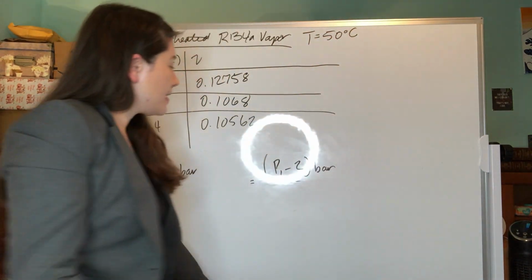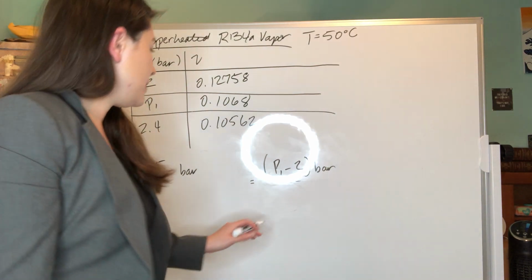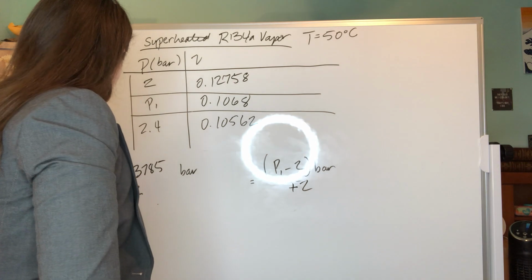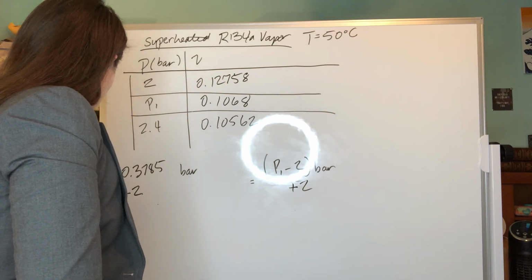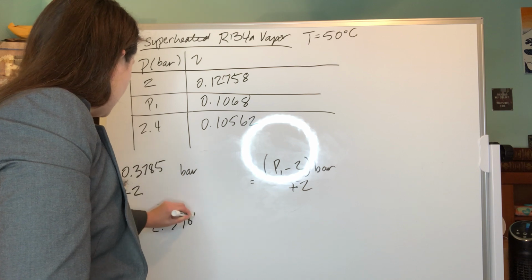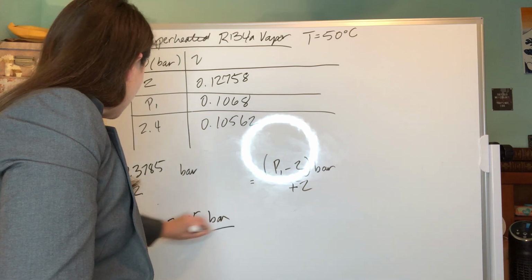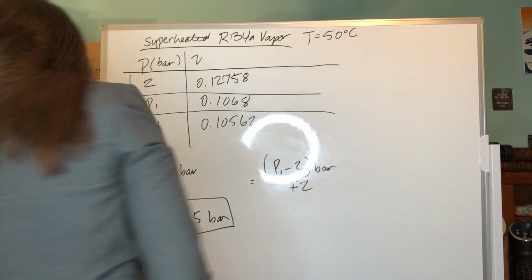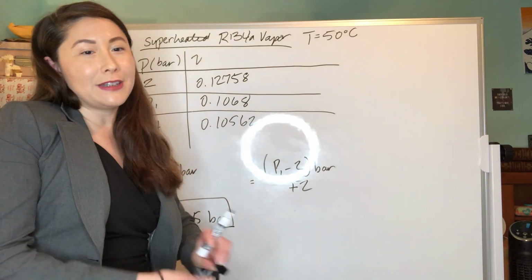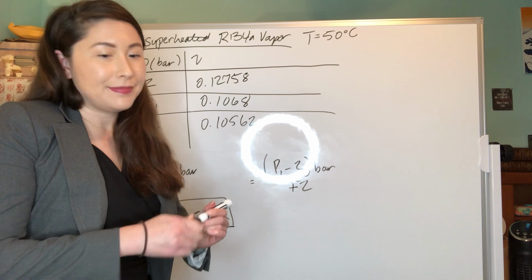And then the last step to find P1: you just add 2 to both sides. That gives you P1 is equal to 2.3785 bars. And is that right? It looks right. Okay, I hope that was helpful. If you have any questions, let me know.